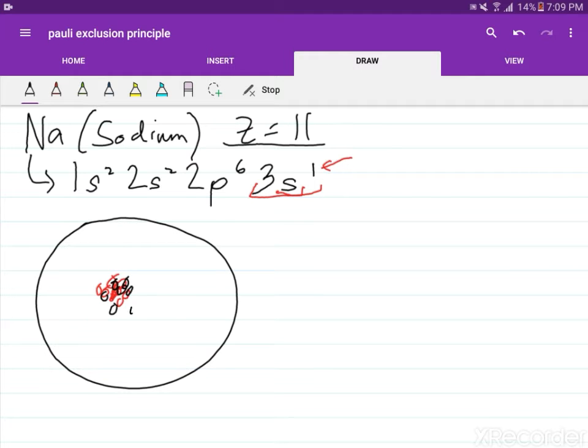And there will also be 11 electrons. So we will have 11 electrons that will be distributed in 1s2, 2s2, and 2p6.